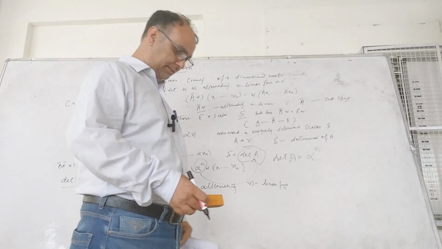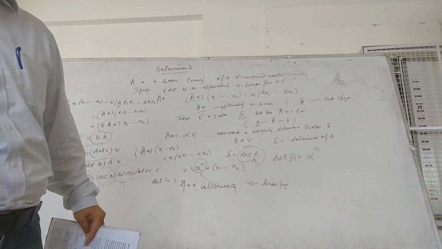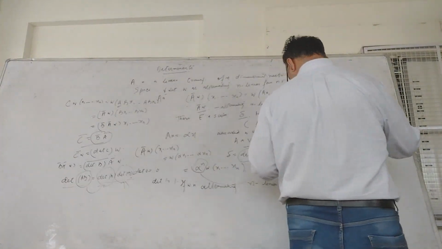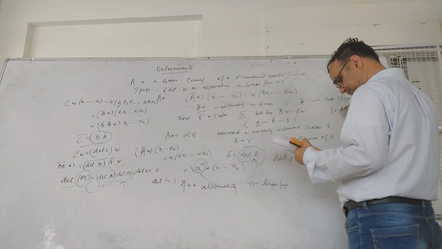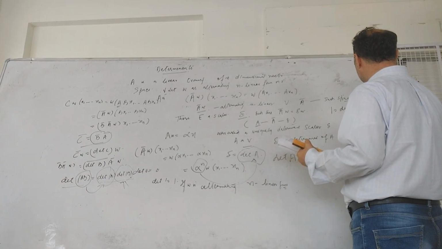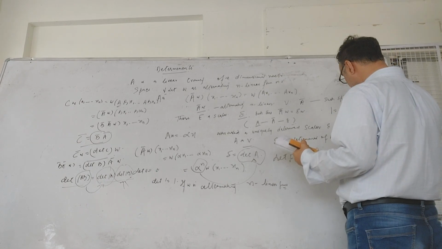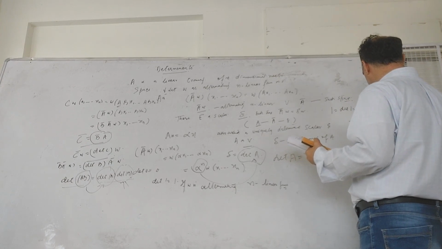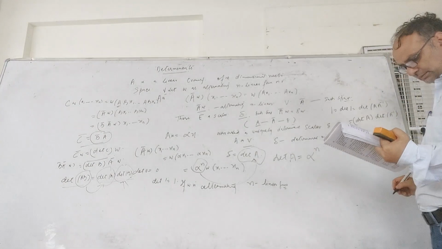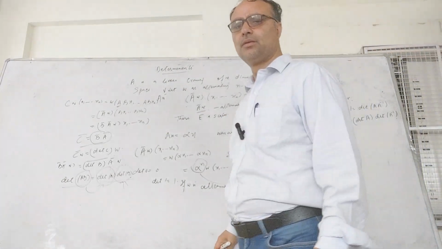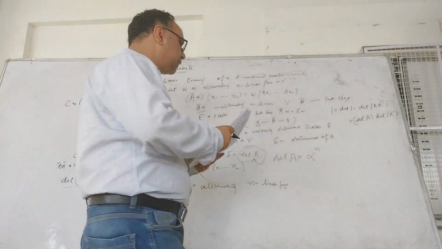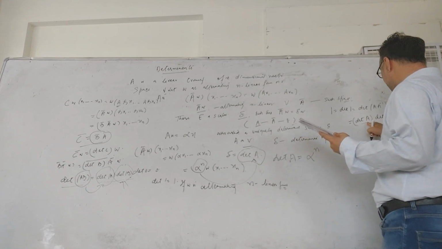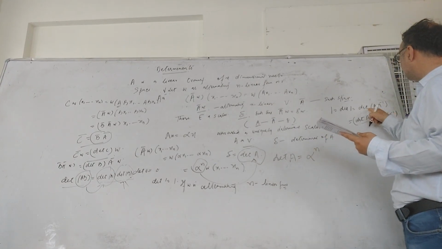if I'll just write it here, determinant of A inverse, determinant of A. So if one of them is singular and another is not, you can have this property.